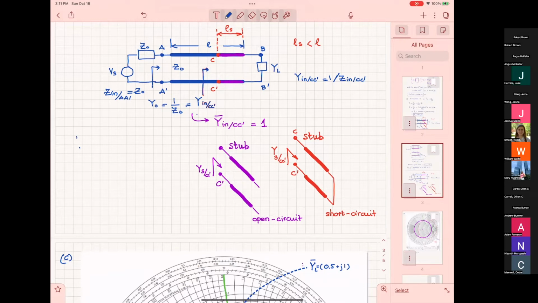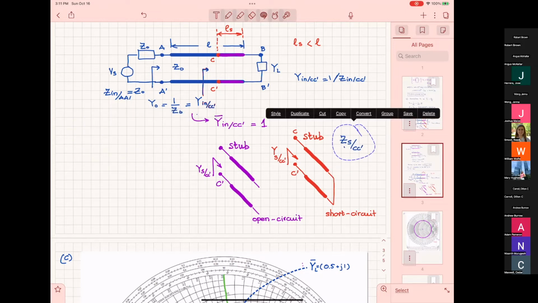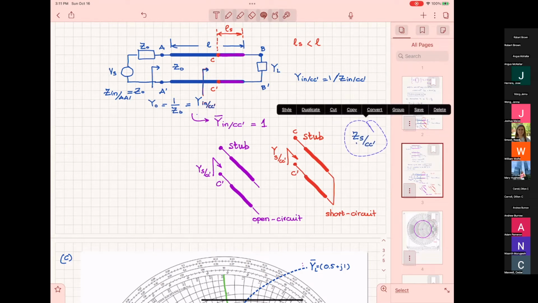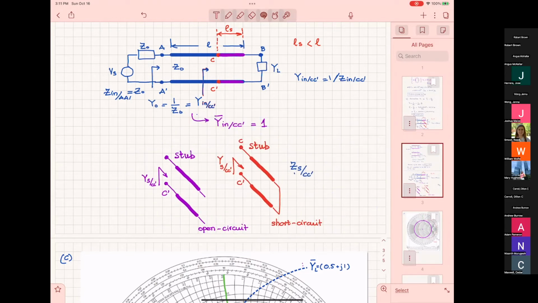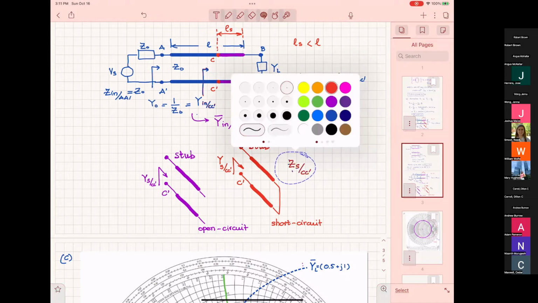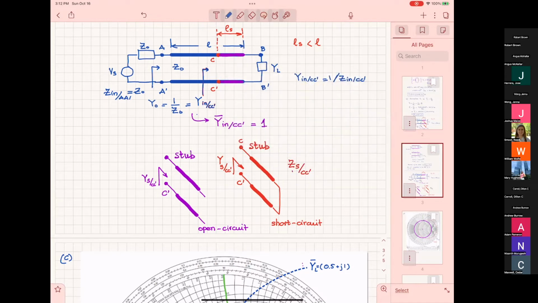So Z_S at CC prime for a short circuited stub is equal to j Z naught tangent beta D, because I have given you that the stub has a characteristic impedance of Z naught, where D is the length of the stub.